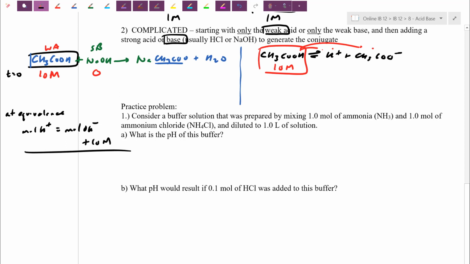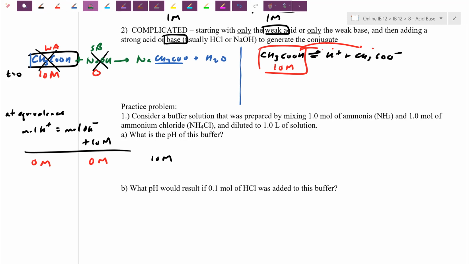I react 10 molar worth of the base, and I'm now left with 0 molar acetic acid. The base has neutralized as well, so I have 0 molar of the NaOH. The equivalence point has basically killed off both your reactants, and now we're left with our salts. We've now produced 10 molar of our sodium acetate, and water is a pure liquid, so I don't worry about it. So that's what happens at the equivalence point.